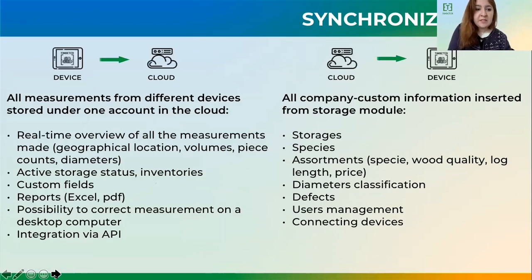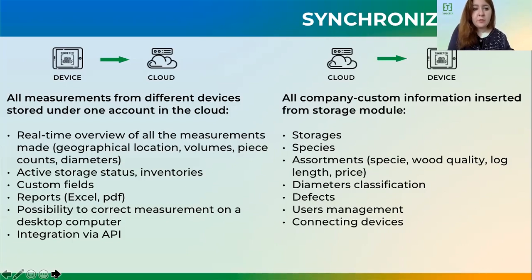So in this picture, basically, you can see how the data exchange and the synchronization is happening. So all the measurements from different devices will be synchronized in the same cloud, which does provide the real-time overview, and the data can be easily accessed by all the users who have this option.